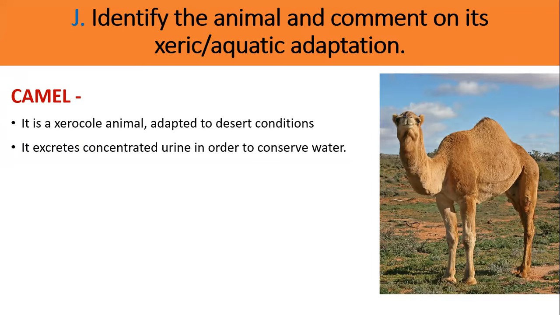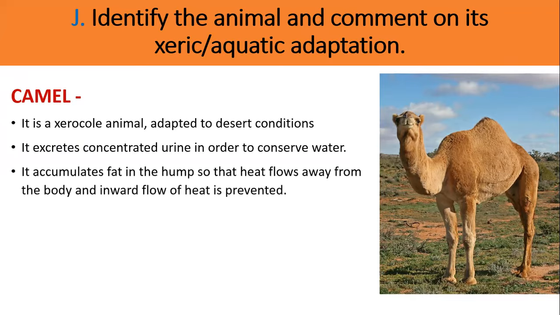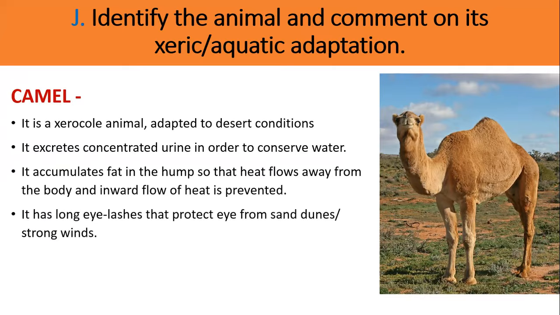It lives in desert. It has long legs. It accumulates fat in the hump so that heat flows away from the body and inward flow of heat is prevented. It has long eyelashes and nostril hairs that protect the eyes and the nose from sand dunes or strong winds.